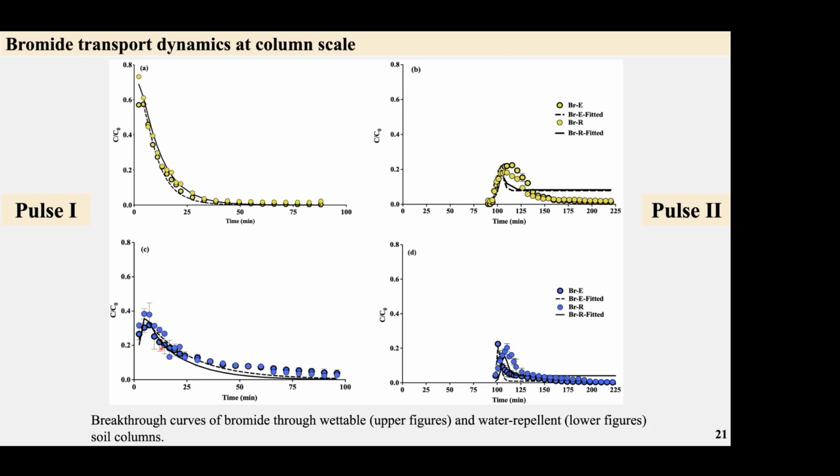But interestingly, when we separate each pulse for water-repellent soil, the data was captured nicely, I believe, although we had a little bit of overestimation at the end of the experiment. These are signs of water repellency cessation, I believe. When we have changes in water repellency, such a trend can be possible, and these originate from the water repellency cessation and breakdown.